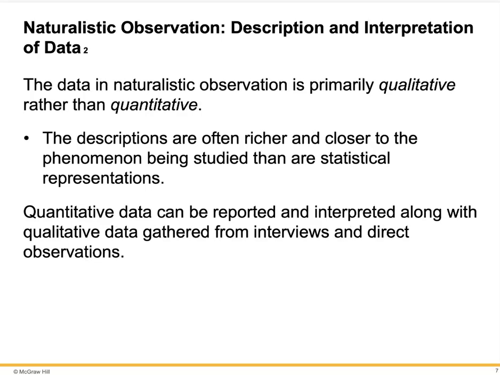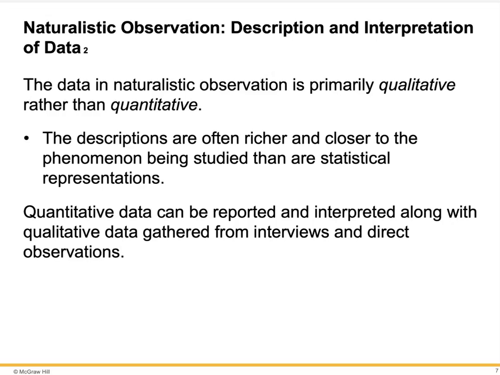The data in naturalistic observation is primarily qualitative rather than quantitative. And so the descriptions, what we find, are often richer and closer to the phenomenon being studied than our statistical representations. And as you can imagine, just looking at maybe a correlation, it gives a number: as one goes up, one goes down, or, when we see one thing, we expect to see another.